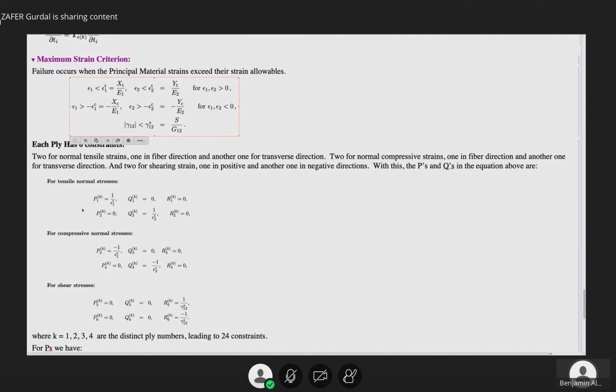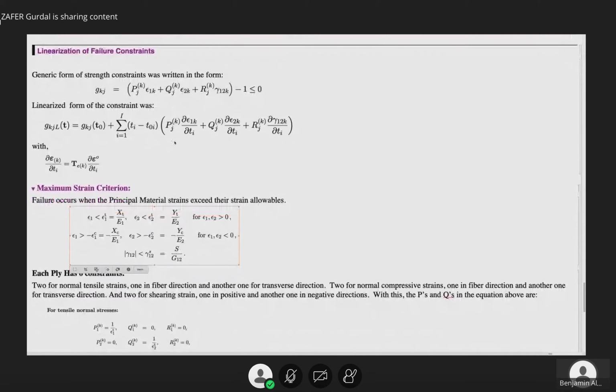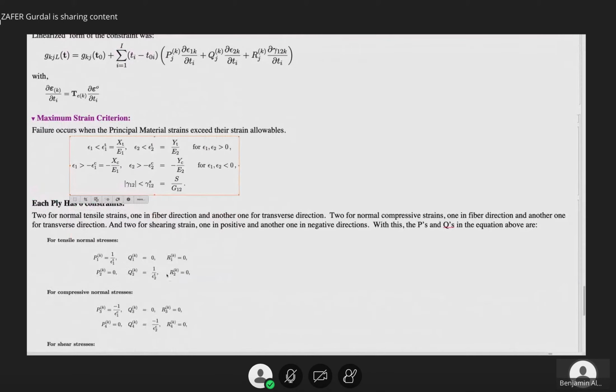This is the tensile normal stress along the fiber direction. Transverse to the fiber direction is P2, which is going to be 0. But since this is transverse, this one will go in front of the epsilon 2 relationship Q. So that will be this quantity, and R2 will be equal to 0.